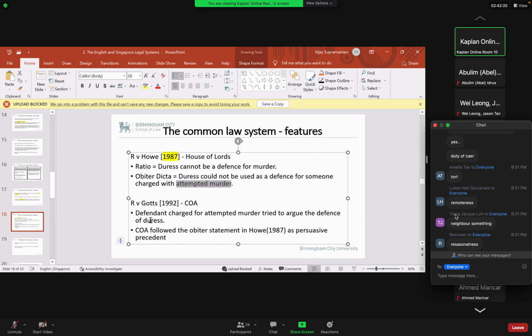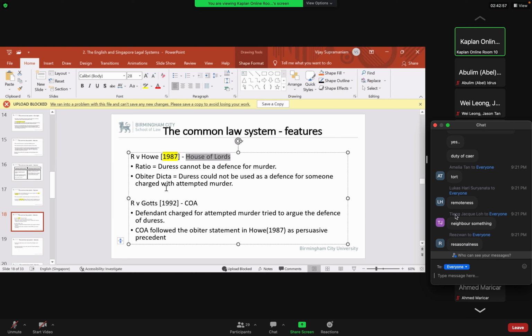Because the courts thought that this is the House of Lords. The House of Lords' obiter dicta carries a lot of weightage. When you look at the obiter dicta here, because it comes from the highest court, we must give importance to it. So when you look at the system of precedent, it's important to appreciate that sometimes even obiter dicta are so significant for the development of the law.